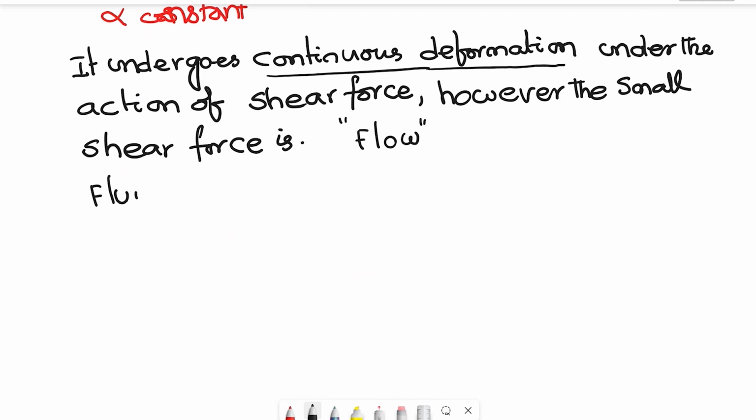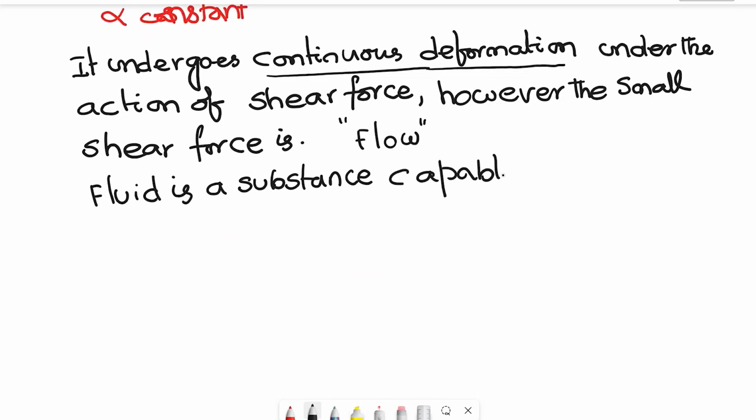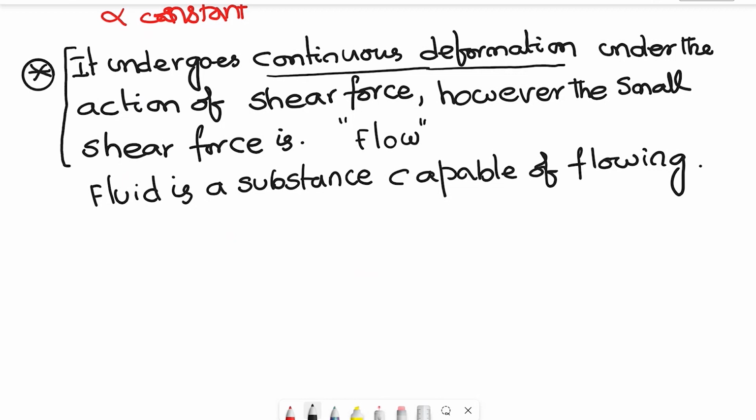That means fluid is a substance capable of flowing. So kindly remember, this is the important word that you should write as a definition of a fluid.